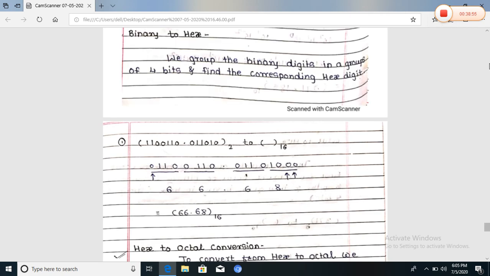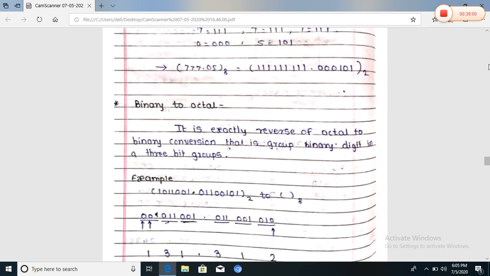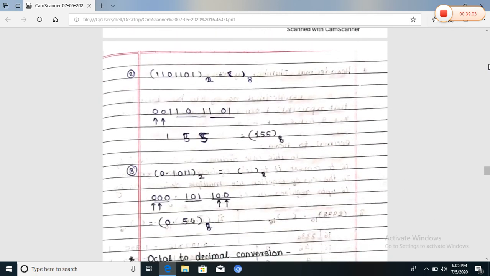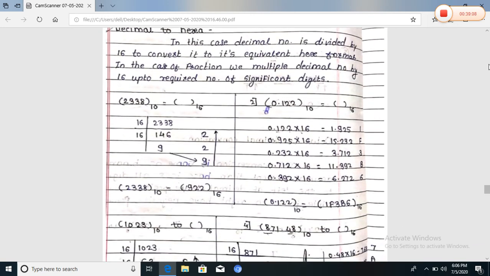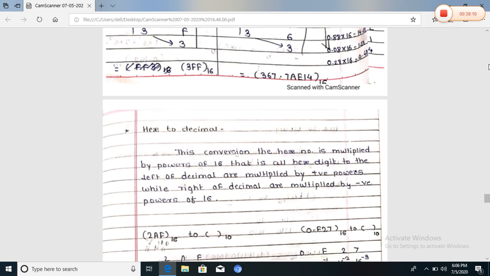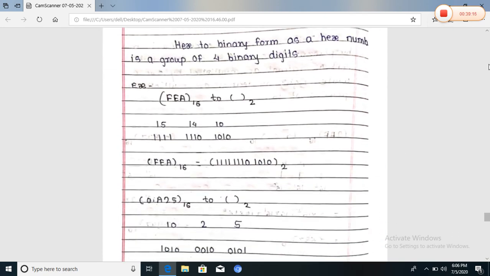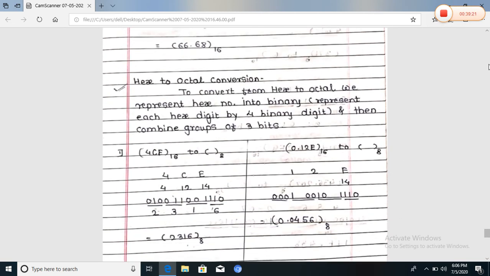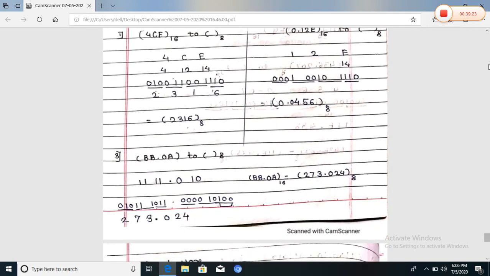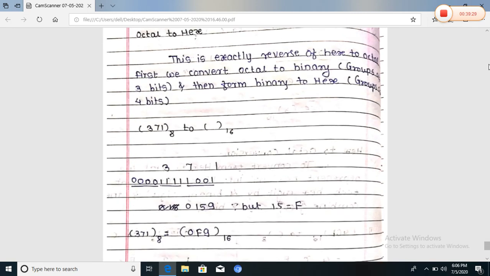Next, for practice, you have to take another example in the same number system: octal to hex conversion. This is exactly the reverse of hex to octal.